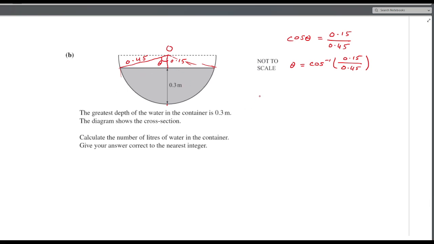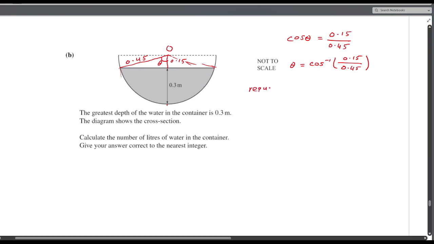So required area will be equal to area of sector, which is 2 times theta, the whole angle 2 times theta, divided by 360 multiplied by r square pi r square. So first I am writing formula minus area of these two triangles.